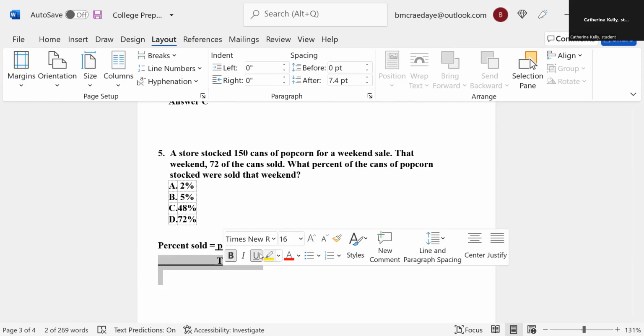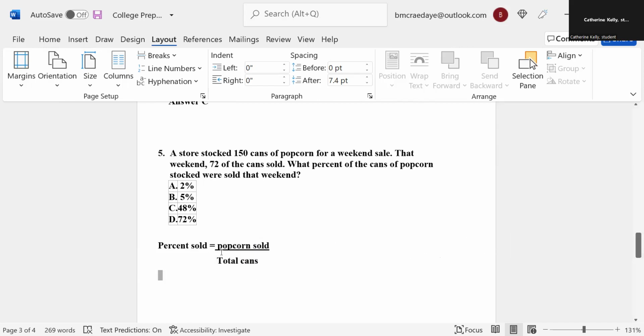So this becomes 72. That's how much you sold, but you had 150 cans of it in stock, right? Yes. So then this would be 72 divided by 150.